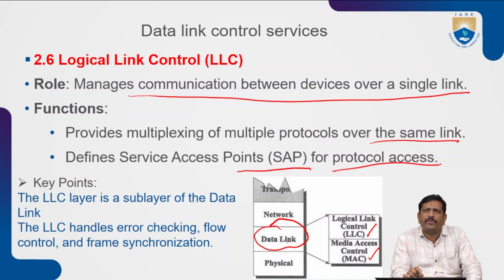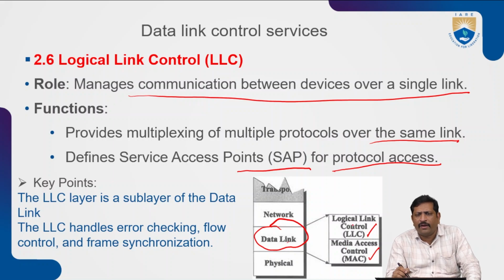Whatever protocols we are accessing, it defines service points for them. Generally, the logical link control layer is a sublayer of the data link layer, and the data link layer has two sublayers: medium access control and logical link control.